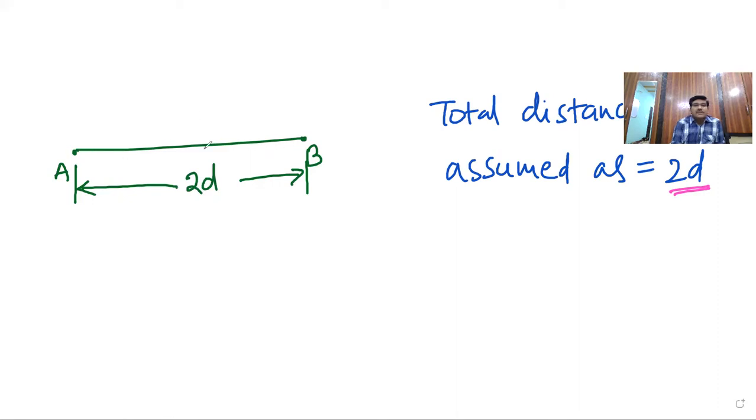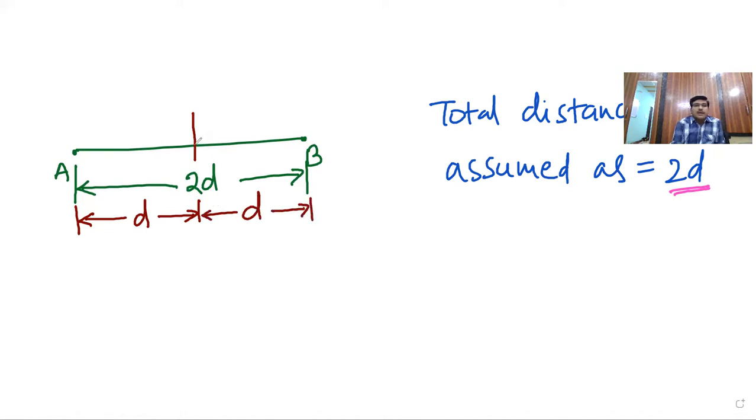If I divide the total distance in half, that means d distance, and the other half is also d.